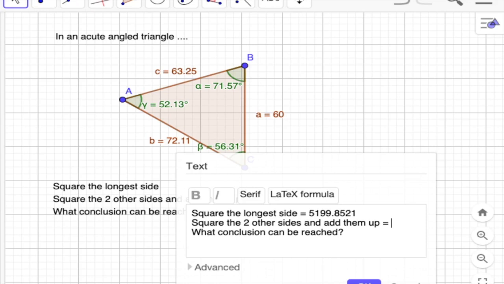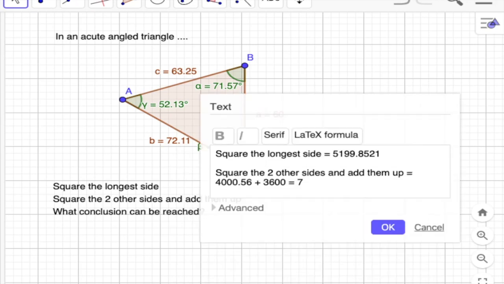So we get 4,000,56. Then the other one is 60 squared. What do we get for 60 squared? So you get 3,600, right? And what is the total of those two? 7,600,56. Okay, that's fine.